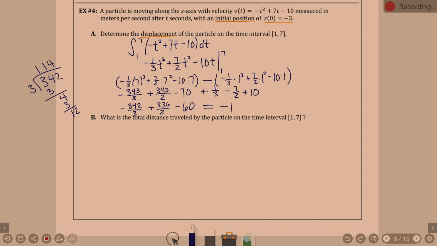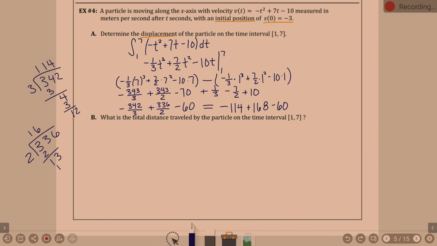So, negative 114 plus 336 halves, so half of 336. I think 168. That's what my brain said. Is that right? That's what I got doing division.